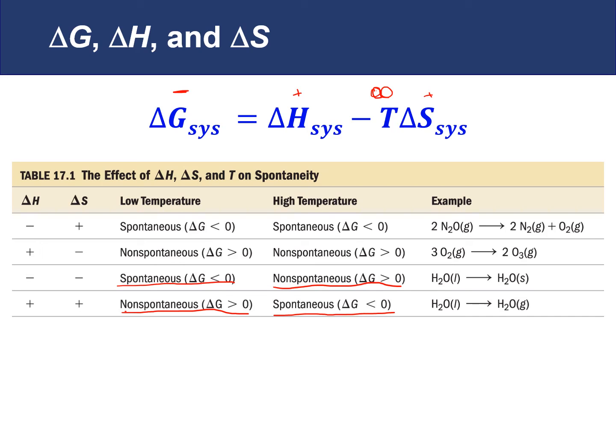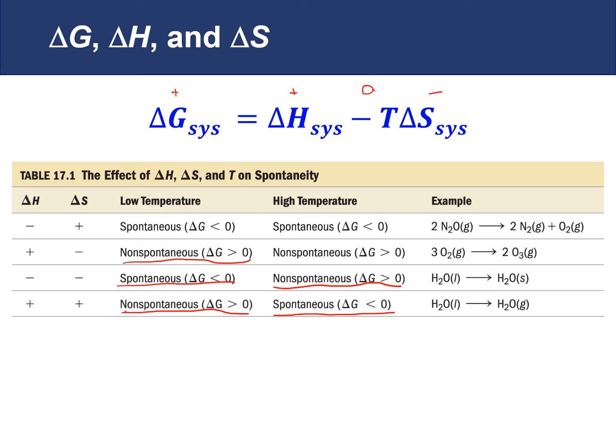Okay, the last example that we hadn't covered yet is if H is positive and S is negative. At T equals 0, we have H minus 0, H is positive, so G will be positive, right? So the reaction will be non-spontaneous.